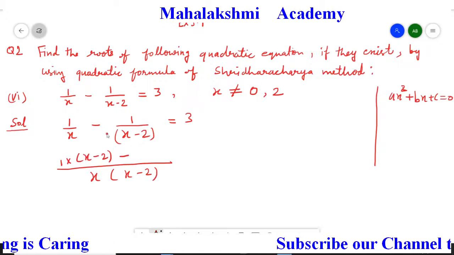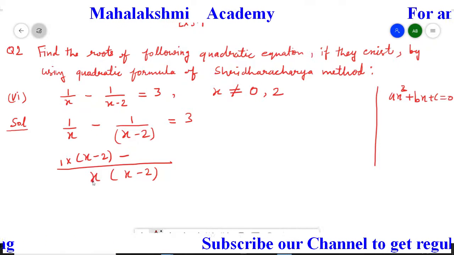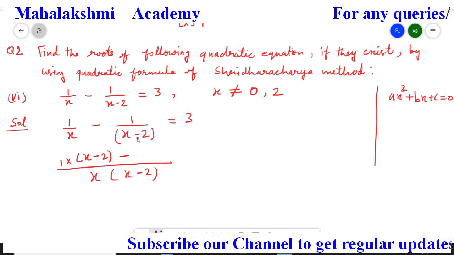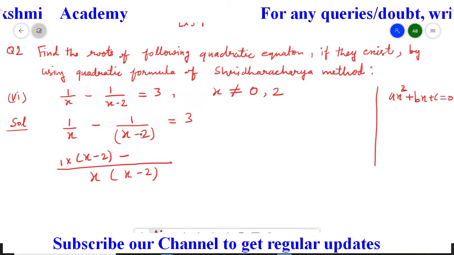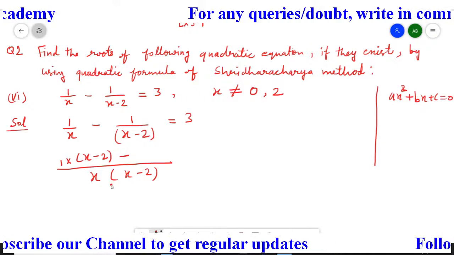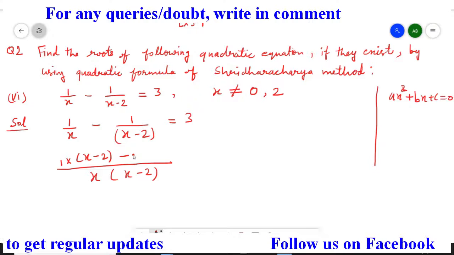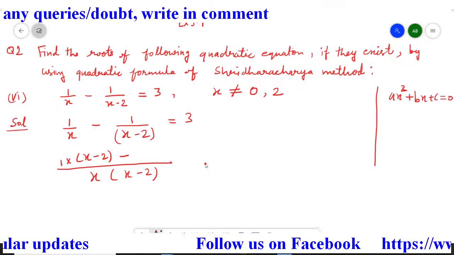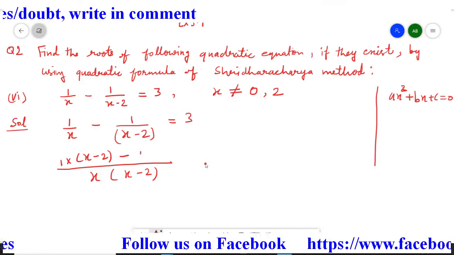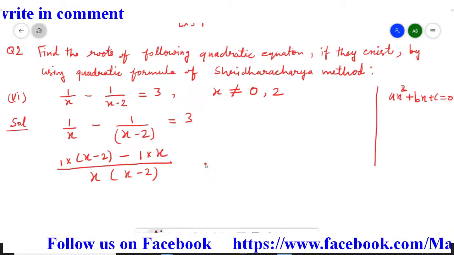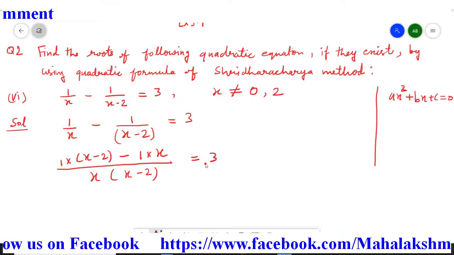Then again the complete LCM we divide by the bracket x minus 2, so the bracket and bracket cancel each other and we are left with x. This x will multiply by 1, so we write 1 into x. So we get 1 multiplied by x is equal to 3 as it is.